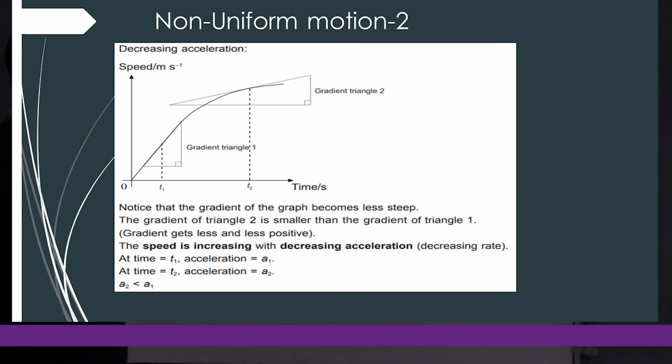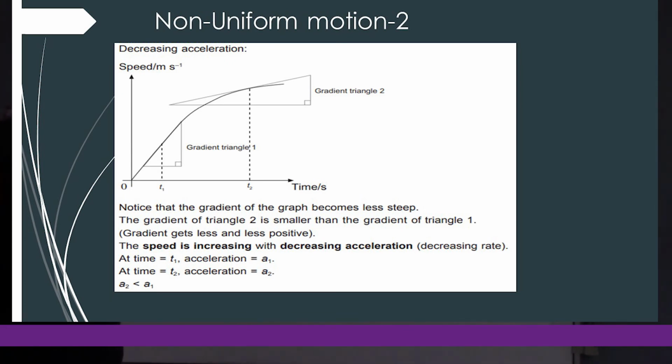Still the same like what we've done on the previous lesson or the previous slide there, where we're calculating the gradient using a tangent. You will be required to draw again a tangent at a particular point on the curve there, and you calculate your gradient using the triangle method, where you find your change in y over your change in x.